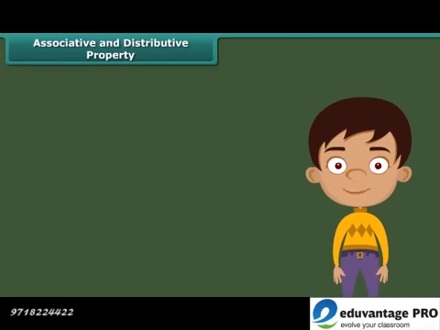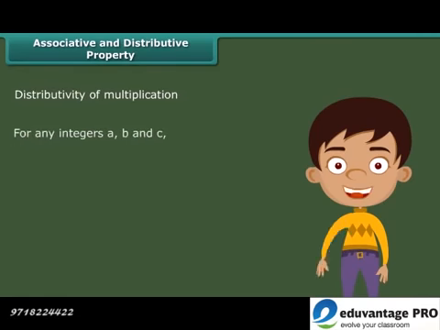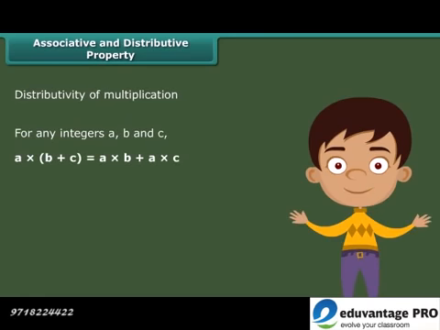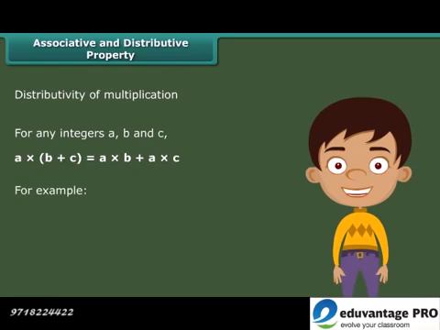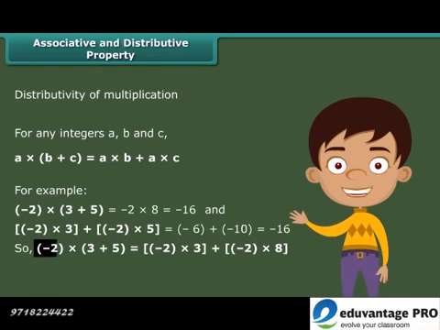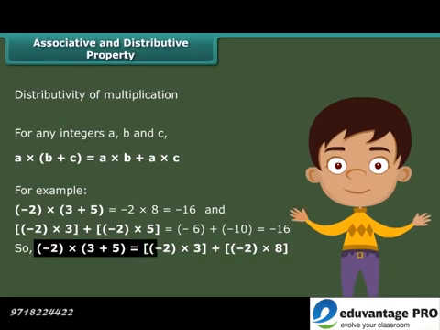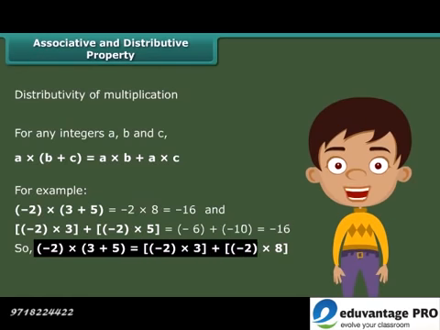Now let us move towards the distributive property of multiplication. For any integers a, b, and c, a into (b plus c) is equal to a into b plus a into c. For example, -2 into (3 plus 5) is equal to -2 into 3 plus -2 into 5.